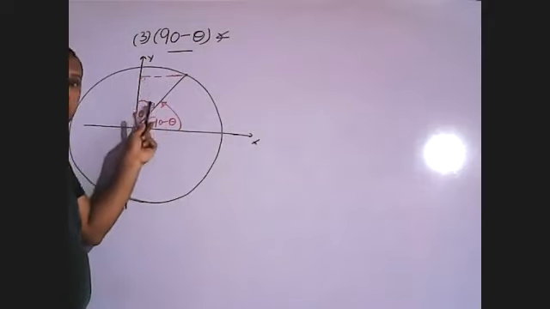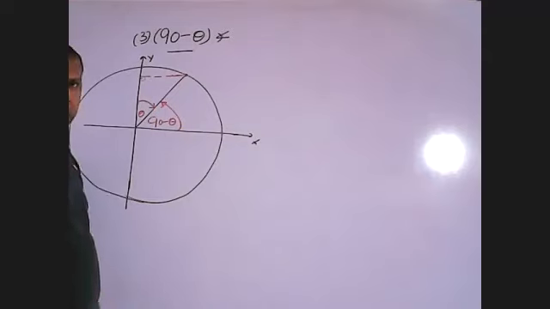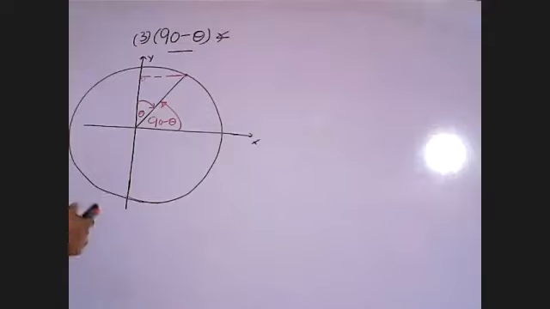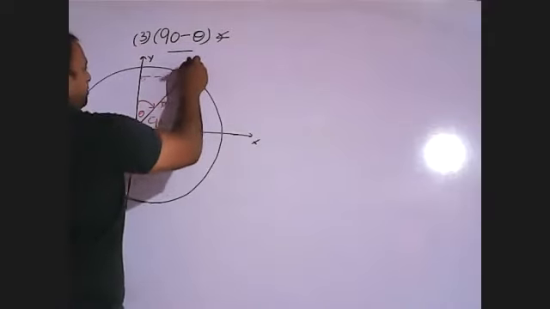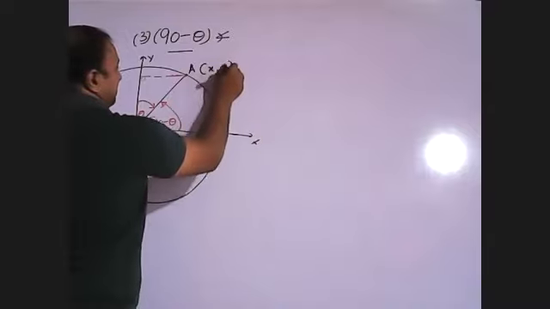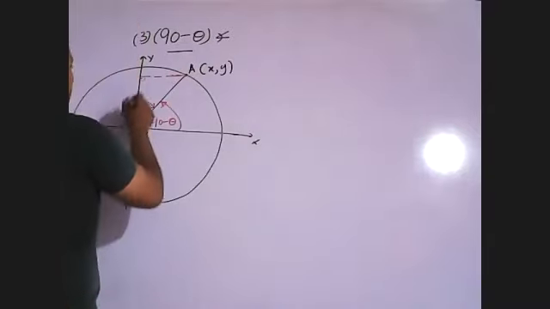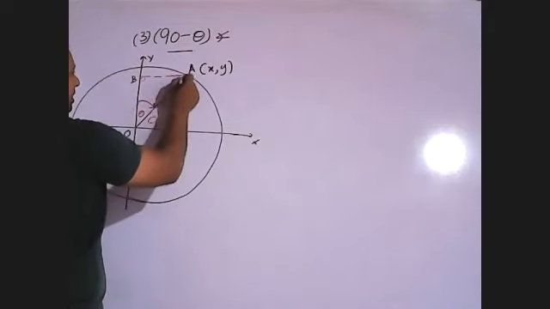Then I will have a triangle with respect to theta. This is point A. Suppose the coordinates are x and y, and the triangle is OAB.